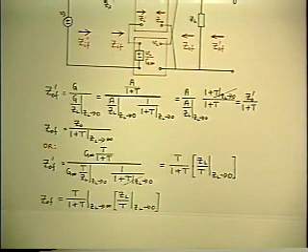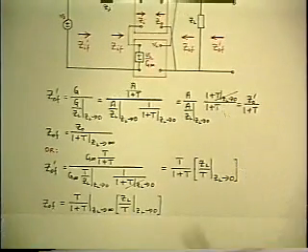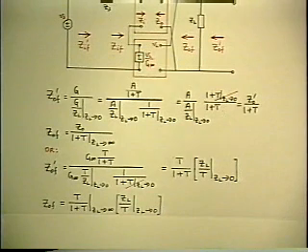Now, you haven't seen that one before, I'm willing to bet. Looks a little mysterious, because it's got this funny limit still in it. But look at how useful that is, because it tells you that the closed loop output impedance of your feedback system is solely a property of its loop gain, and nothing else.